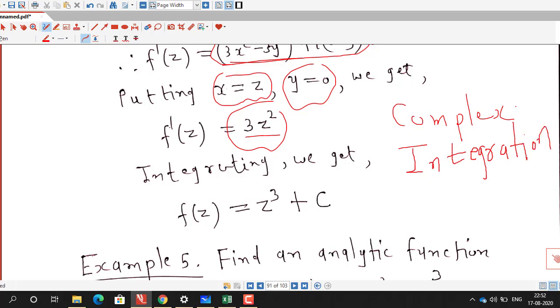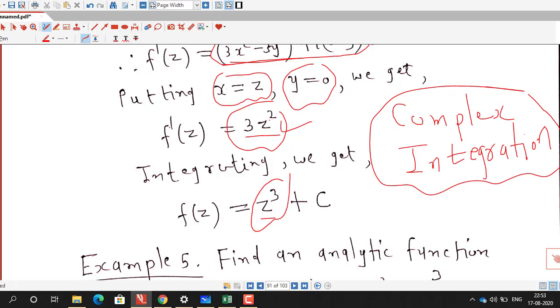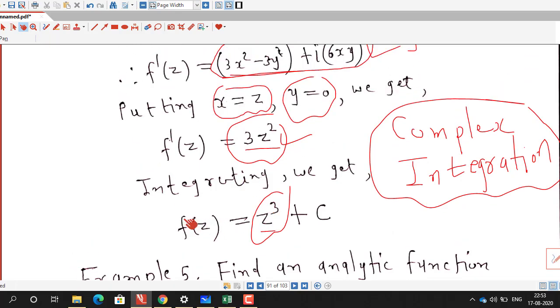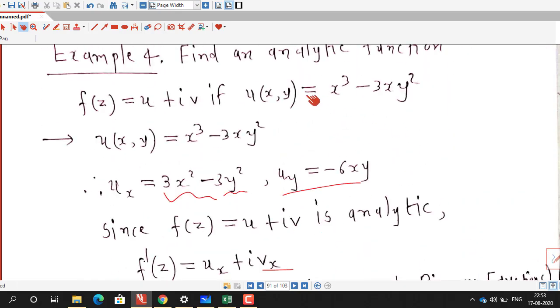From those lectures we are using the fact that if a function is analytic everywhere, it has an antiderivative. So f of z equal to z cube plus c, where z cube is nothing but the antiderivative of z square. So you can see we obtain f of z equal to z cube plus c. This is the analytic function whose real part is x cube minus 3xy square.